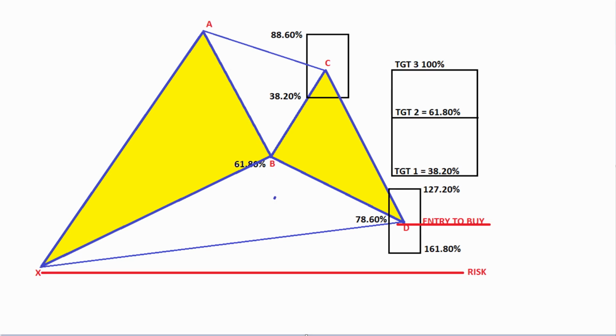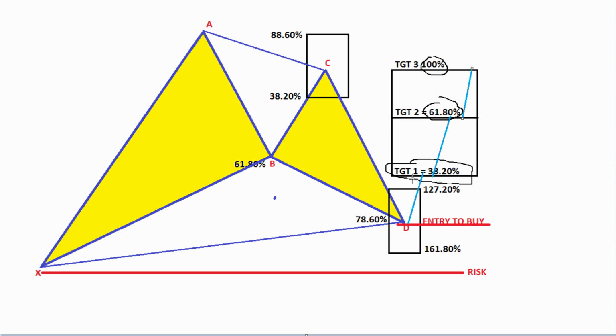When the entry and risk points are identified, we seek to exit at targets 38%, 618%, and 100%. So let's just say you bought the market here. The market trades to this point. You can exit, or you can exit here, or you can exit here.